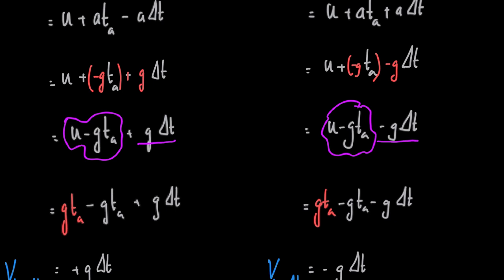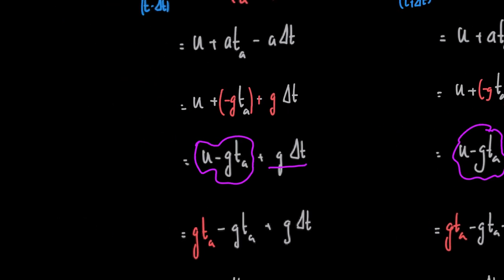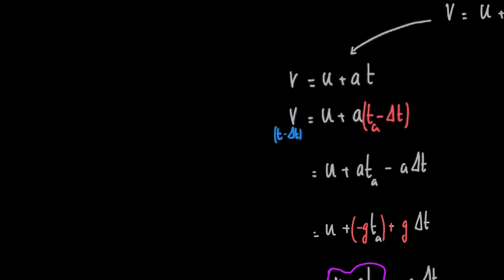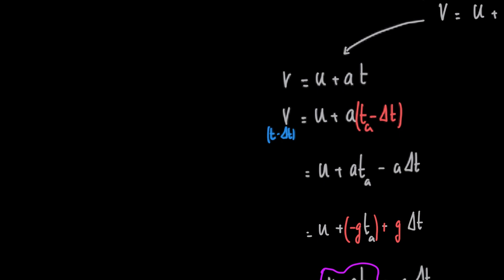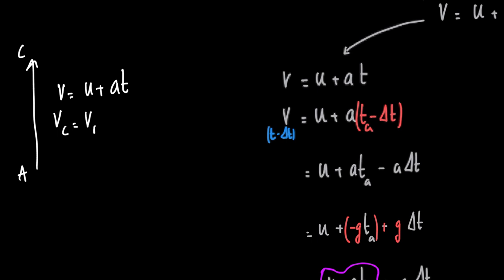What is U minus GTA? For the complete motion along AC, V is equal to U plus AT. What is V? V is the velocity at C. What is U? It is the velocity at A. Plus what is A? A is minus G. What is T? T is the time of ascent. Why? Because it is the maximum position.